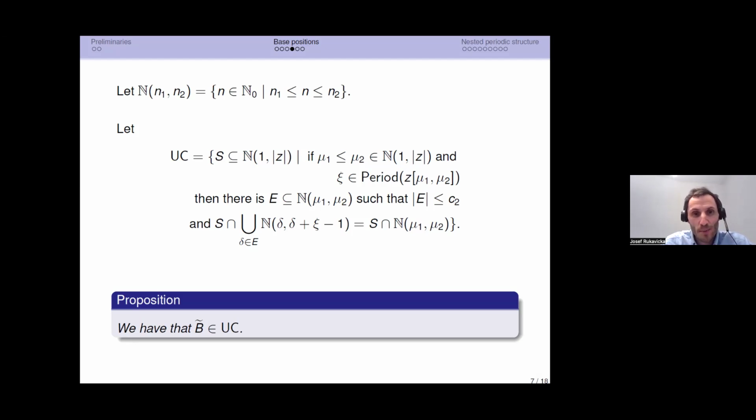Because this result says practically that no matter how many repetitions of the period I have, the factor can have arbitrarily many periods, then for the intersection with the base positions, only a small number of them is relevant. So when I prove that the base positions are from this set UC, I basically say that I don't care about many periods. For me, only a small number of periods of every factor is important.